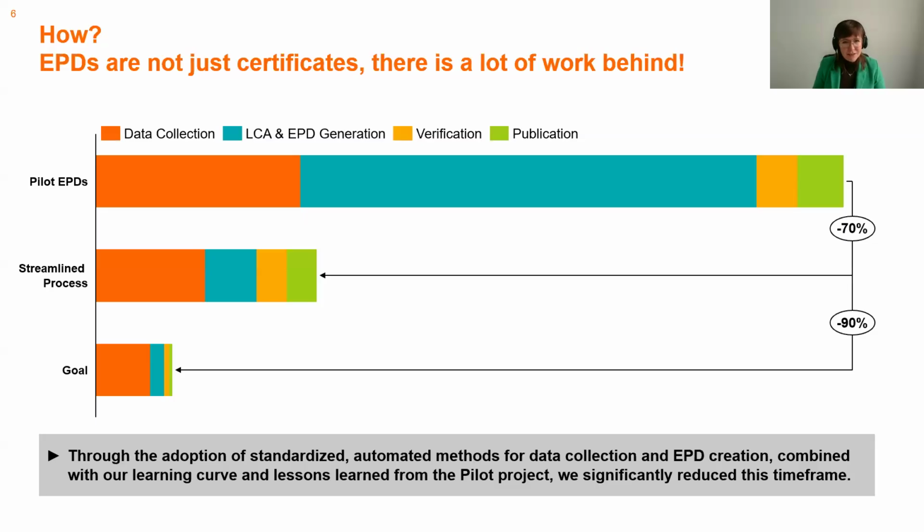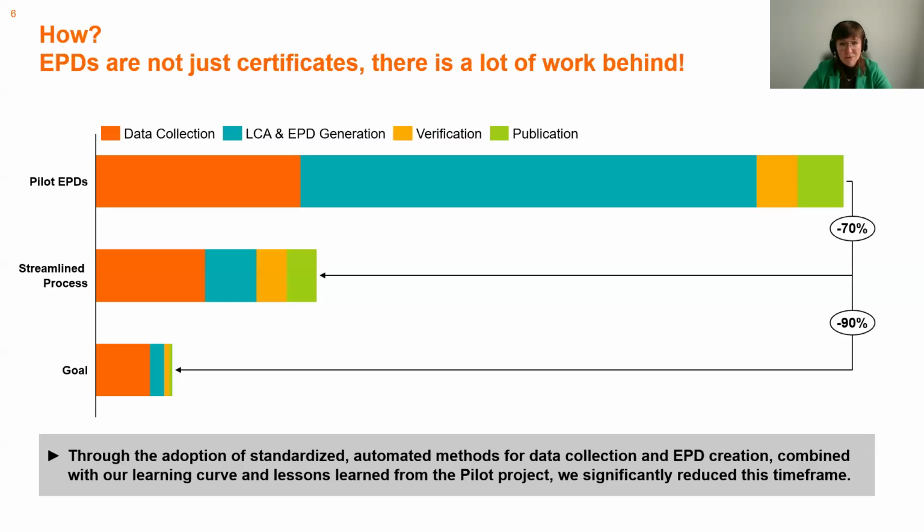So that's always a tricky part. There are always pros and cons with each program operator. Yeah, that's mainly about the challenges and how we overcome those challenges within the process to generate EPDs.